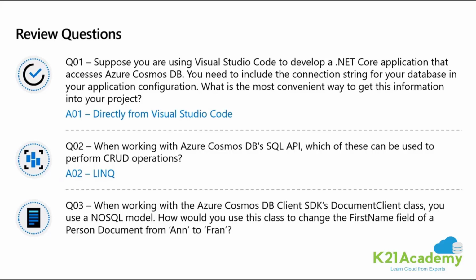When working with the Cosmos database client SDK Document class, you use a NoSQL model. How would you use this class to change the first name field of a person document from Anne to Fran? Basically, there is an option called replace document, and we can call the replace document asynchronous method with an updated person object to update it.